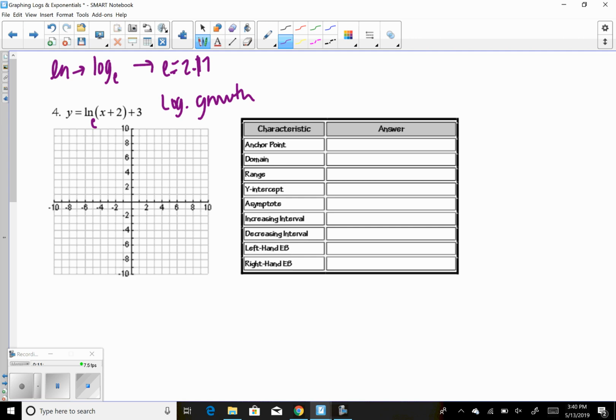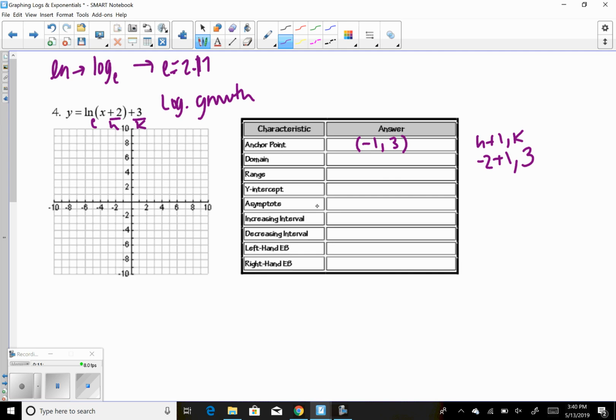So here's your h. Here's your k. So anchor point, remember, that's h plus 1, k. So here your h is going to be negative 2 plus 1. Your k is 3. Remember, h goes opposite. So your anchor point is going to be negative 1, 3.